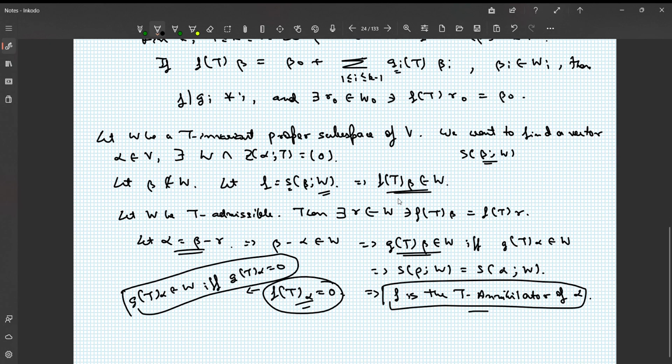Okay. So now let's come to the proof of step 3. What are we going to prove in step 3? We are simply going to prove that there exist non-zero vectors alpha 1, alpha 2 till alpha R, such that the cyclic decomposition theorem holds. That is what we are actually going to do.